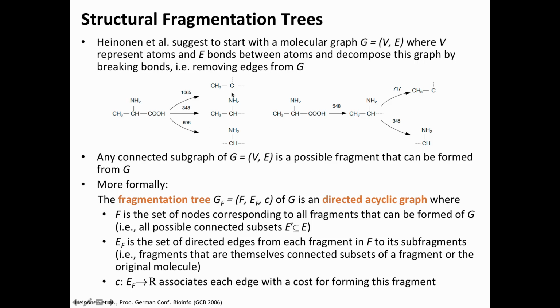Depending on how you do that, you end up with different fragments. Each of these fragments can then be broken down further. And if you pick this one, you can break all the bonds in there and end up with a different set of fragments again. And that's the way this fragmentation tree is formed.